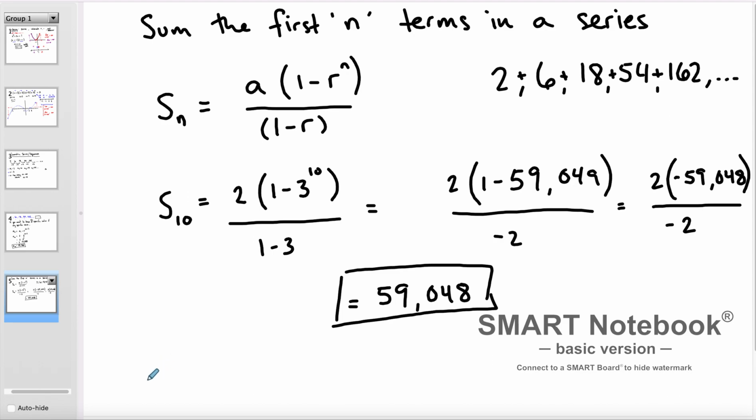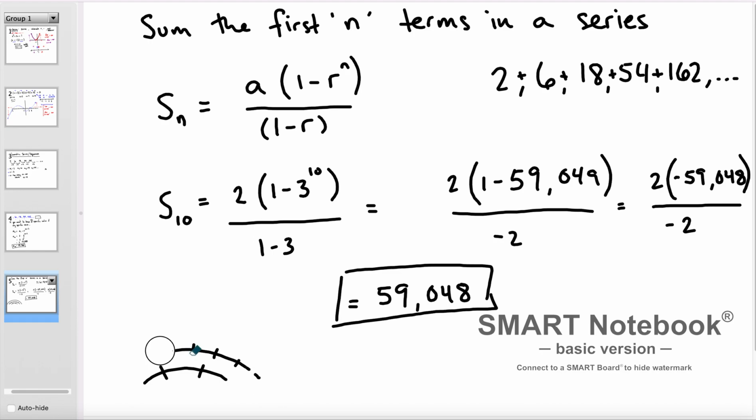When might this be relevant? Well, I kind of always fall back to this stadium seating one, right? Maybe in the first row of your stadium, you just have 2 seats. In the second row, you have 6. And you continue to grow by a factor of 3. And you want to know how many seats total after 10 rows. Well, if you grew in this pattern, you would have 59,048 seats, right?